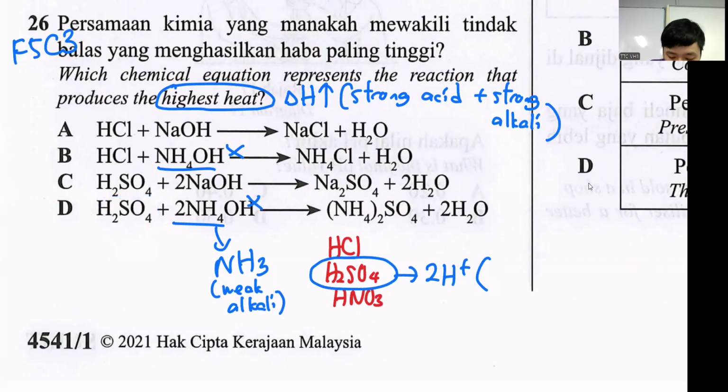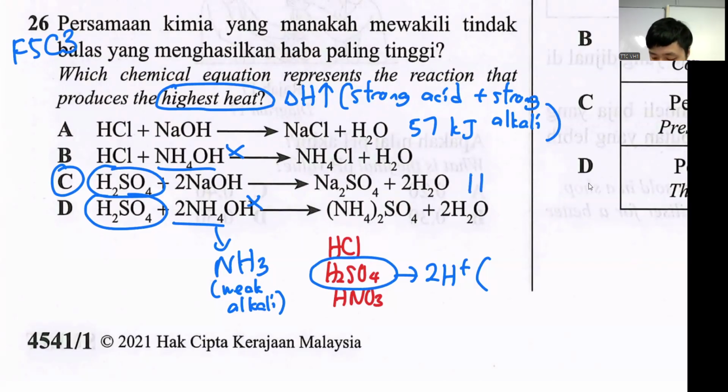But C is stronger because C is using sulfuric acid, two times stronger. Let's say if A releases 50 kilojoule, then C can release a total of 114 kilojoule. Two times.